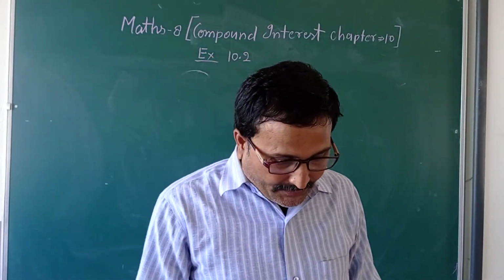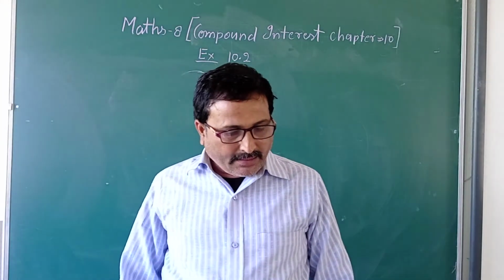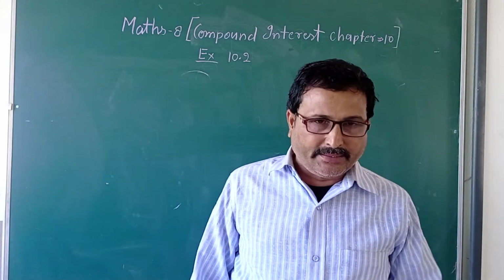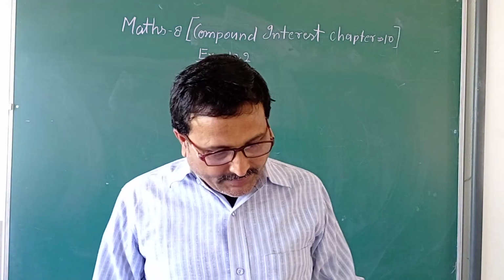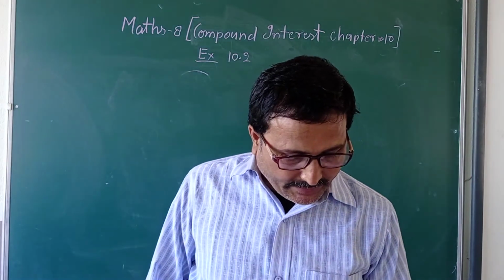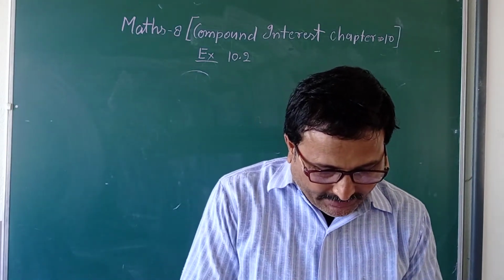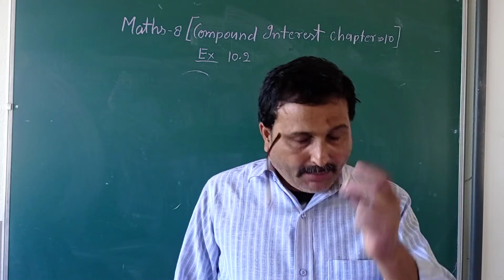Question number third. Find the compound interest on ₹2,000 for 1 integral 1 by 2 years at 10% per annum, compounded half yearly.